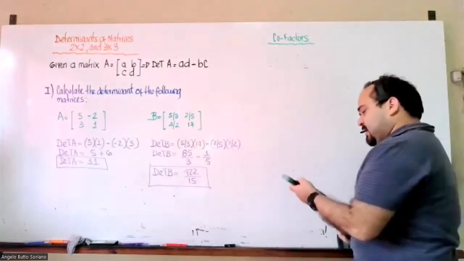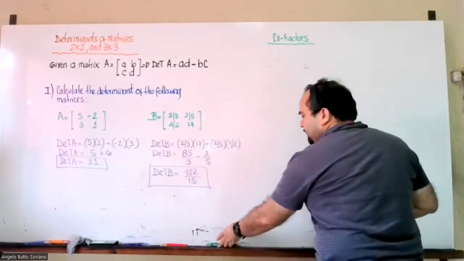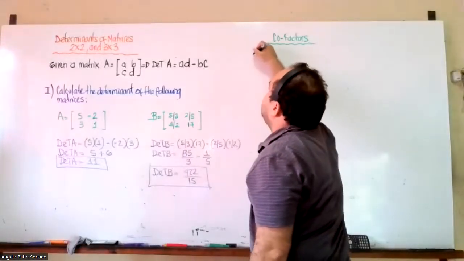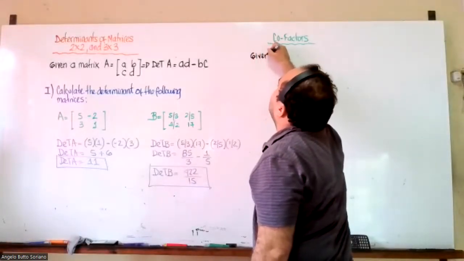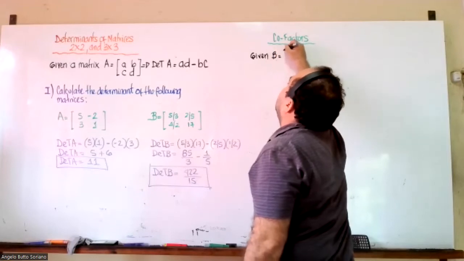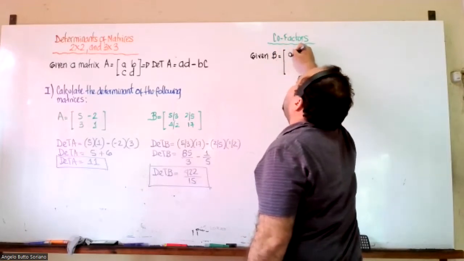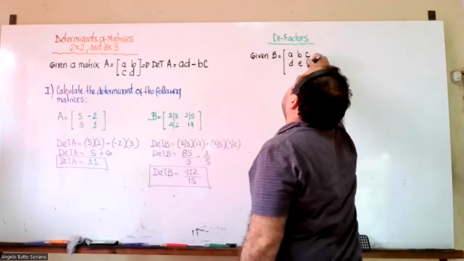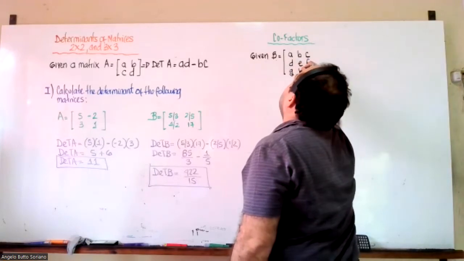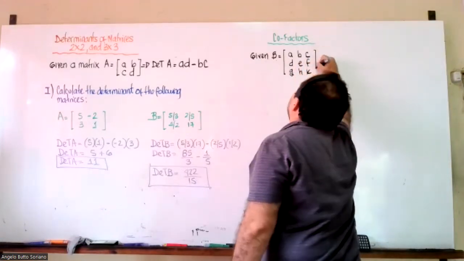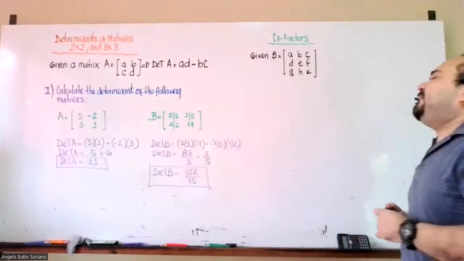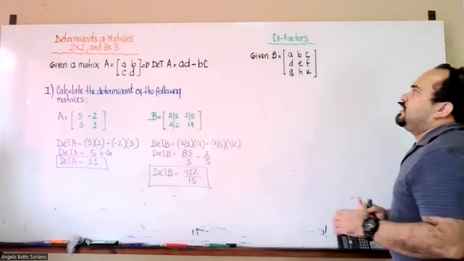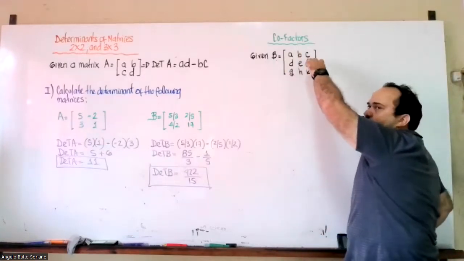I'm going to establish the determinant for any matrix 3 times 3. For example, given a matrix B, B equals, okay, A, B, C, D, E, F, G, H, K. Okay, what we have to do in this cofactors method, we want to take as a reference the first row, okay?